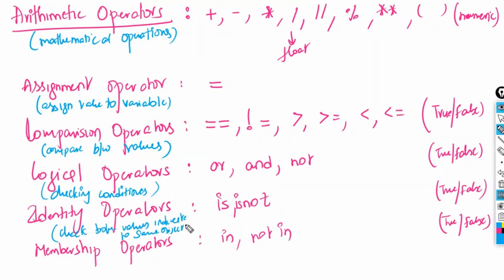They're identical or not. Membership means check whether a value is available or not. Whatever value you are asking, it checks whether that value is available in the main part.